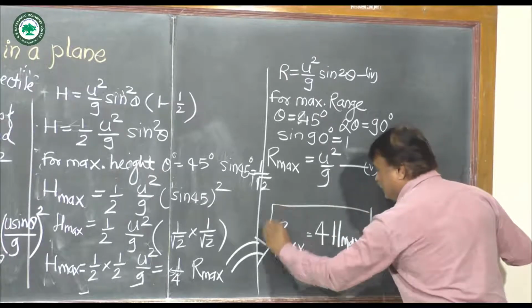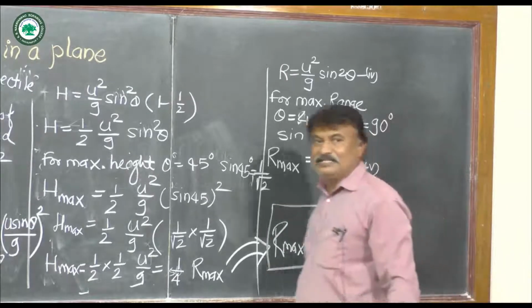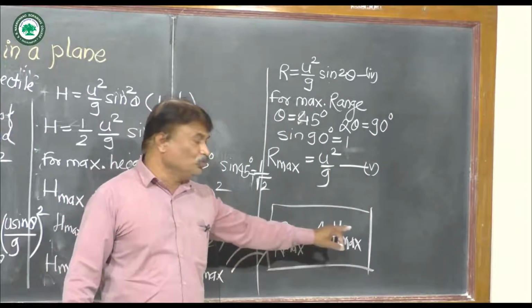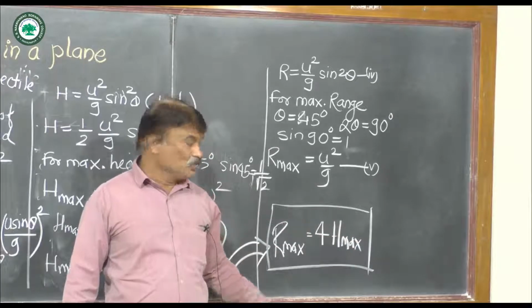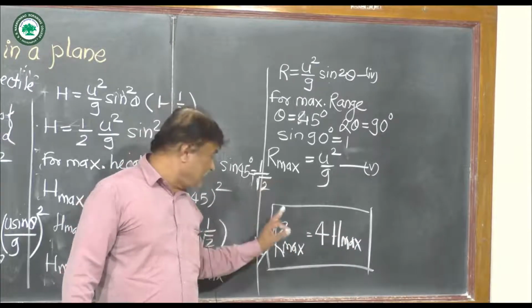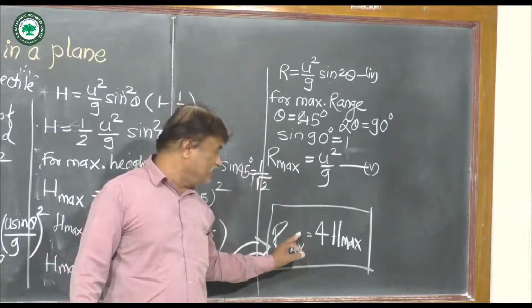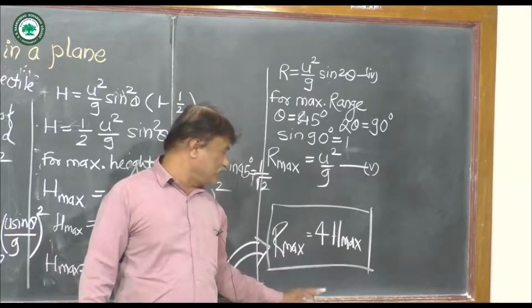So we get a new relation between R max and H max. So this is the relation between the maximum horizontal range of projectile and the maximum height of a projectile.